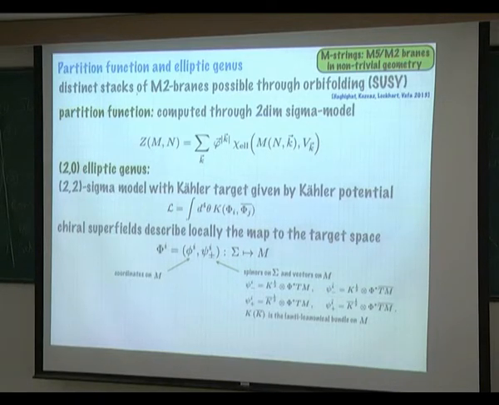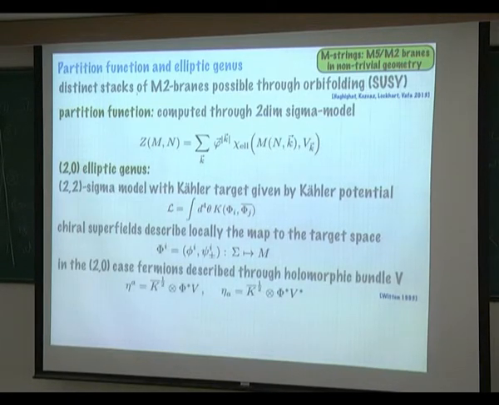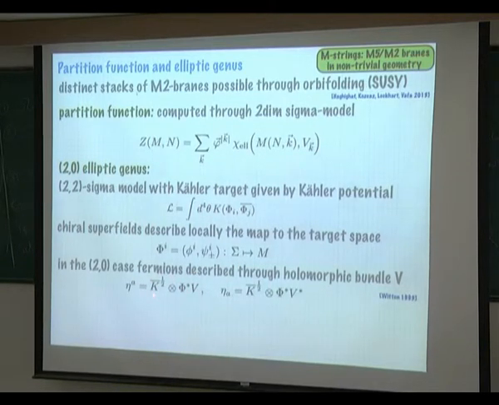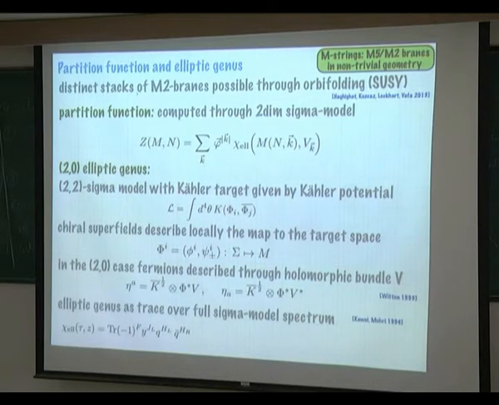What happens in the (2,0) theory is that the right-hand side of these multiplets is slightly modified, and instead of the tangent bundle of the manifold, you now have this particular bundle V here. So the fermions of your (2,0) theory are sections of this canonical bundle times this holomorphic vector bundle on the right-hand side, V. So it's important to determine that, which I will do in a second.